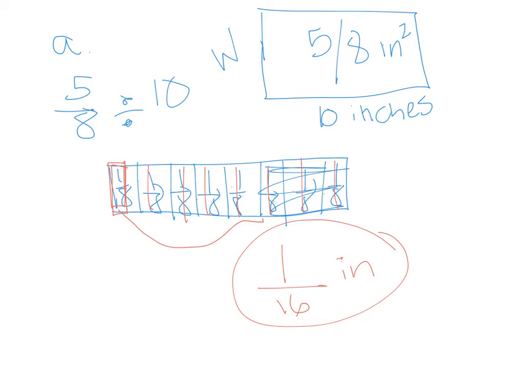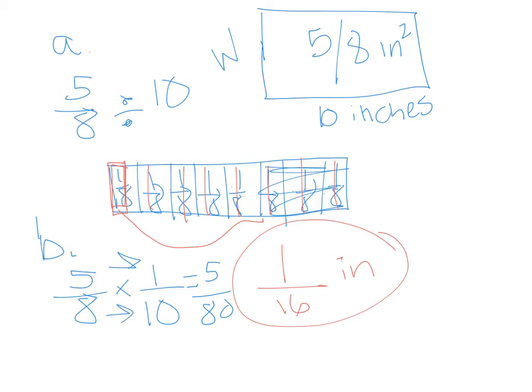To solve it with B, I'm going to invert and multiply. I know that I can do 5/8 multiplied by 1/10 because 1/10 is the reciprocal of 10. 5 times 1 is 5. 8 times 10 is 80.